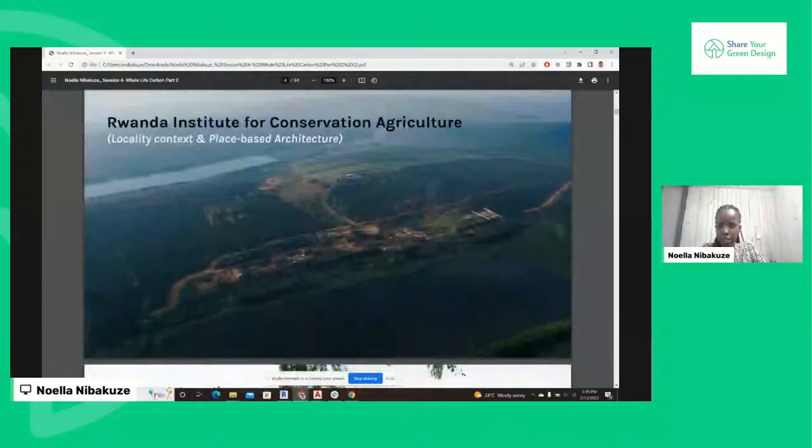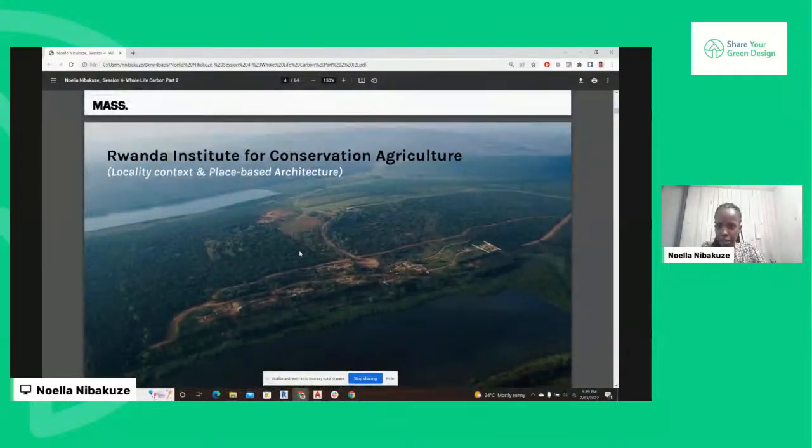Today, the case study I'm going to present to you mainly is the Rwanda Institute for Conservation Agriculture, which is a new campus, not so new anymore, opened about 3 years ago, located in the east of Rwanda, a region that is quite hot and arid compared to the rest of the country.